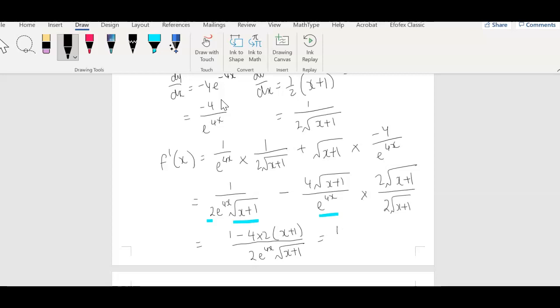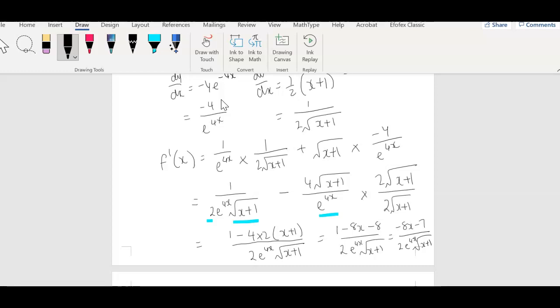So what is that? 8 minus 8x minus 8 over 2e 4x square root of x plus 1. All right, so we've got negative 8x minus 7 over 2e 4x square root of x plus 1.